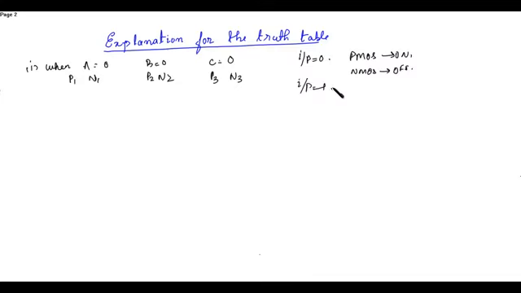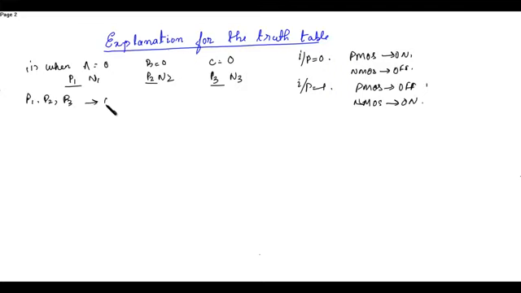When input is equal to 1, then PMOS becomes off and NMOS turns on. So when all the inputs are 0, then only the PMOS will turn on. So P1, P2 and P3 will turn on.